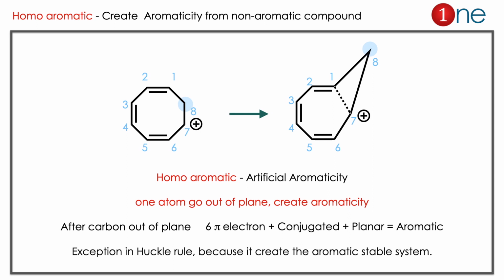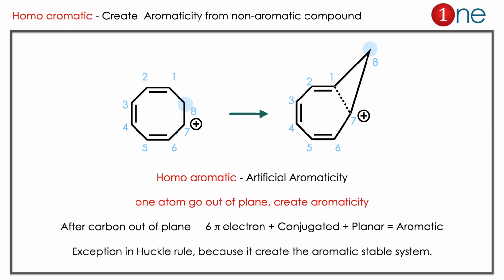Here the aromaticity is a very stable form. The compound somehow achieves the stable system. Here the compound has 6 pi electrons and it is linear and planar and it obeys the Huckel rule, which is 4n plus 2, so it is aromatic. Only thing is conjugation is missing at the 8th carbon. So what really happens is the 8th carbon goes above the plane and the cation stays with 7 there. So the conjugation is established, so it will be like tropylium cation.